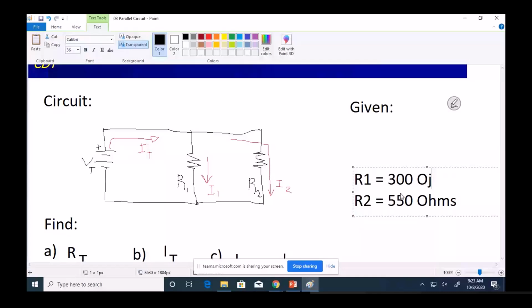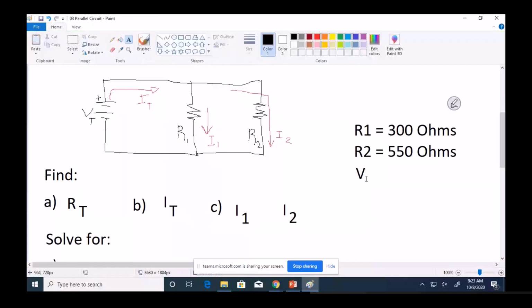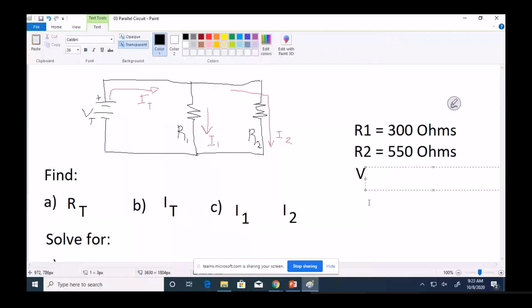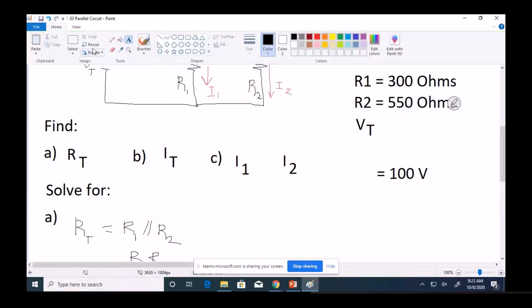And another given, voltage source V total. Is that 100 volts? Yes, it's 100 volts DC. So that's the given.